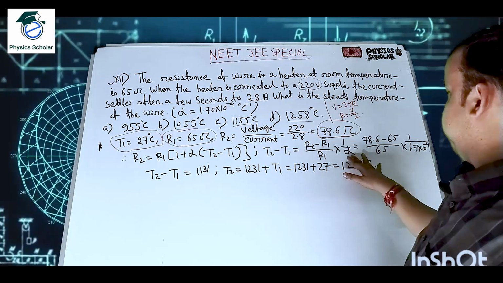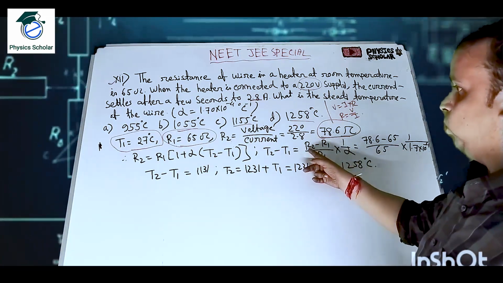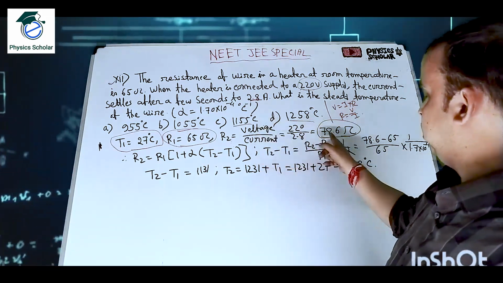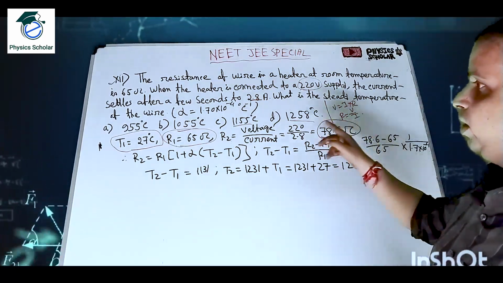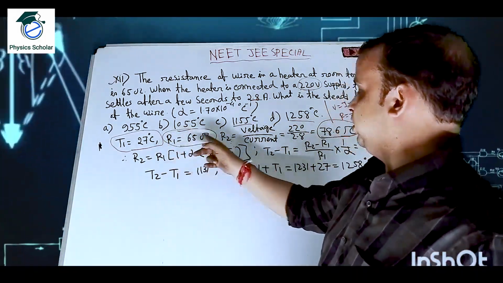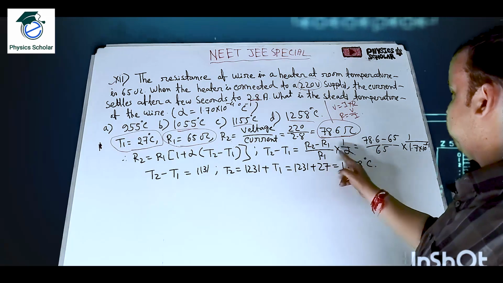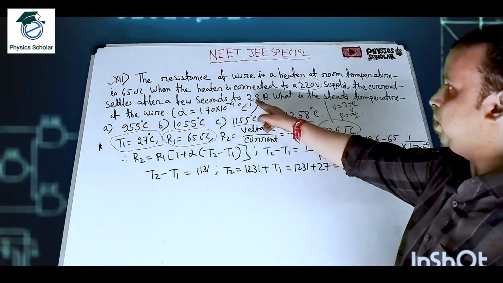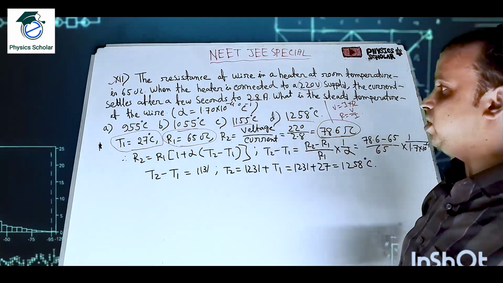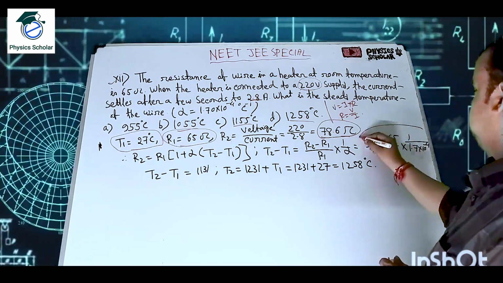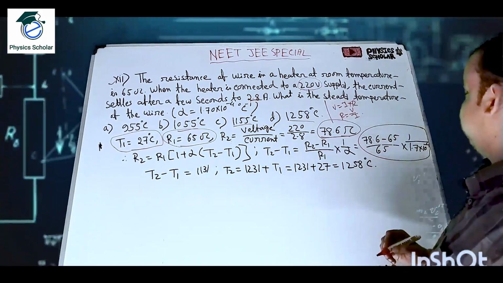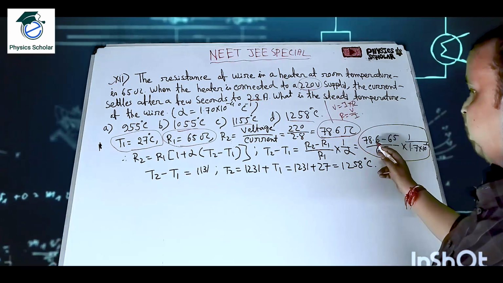The value of R2 we have found out is 78.6, minus R1. The value of R1 is given as 65. Divided by R1, means 65 into alpha. The value of alpha, the temperature coefficient of resistance, is 1.70 into 10 to the power minus 4. So we are putting all the values over here, and now only the calculation.